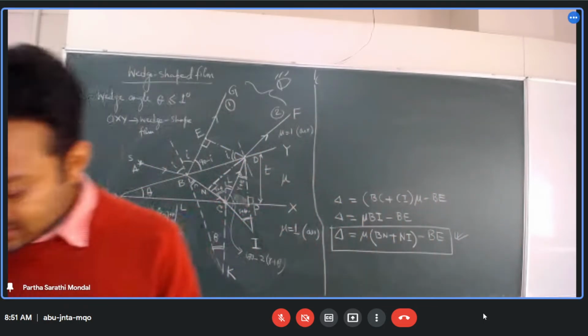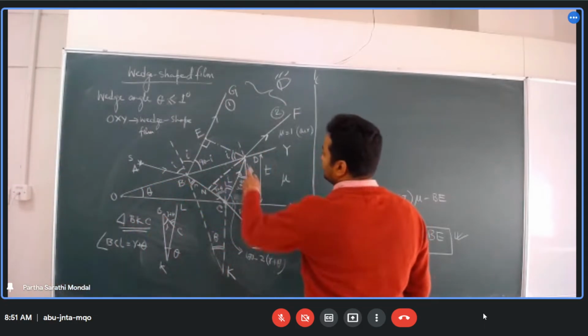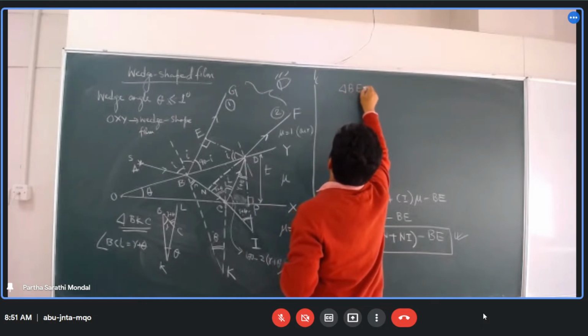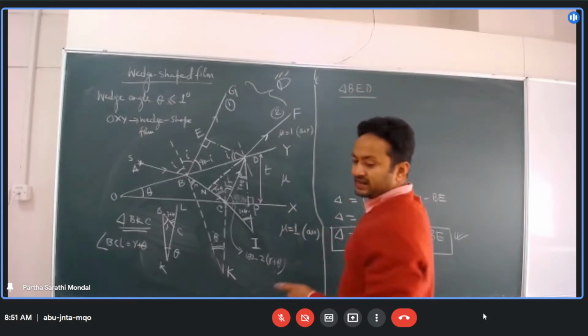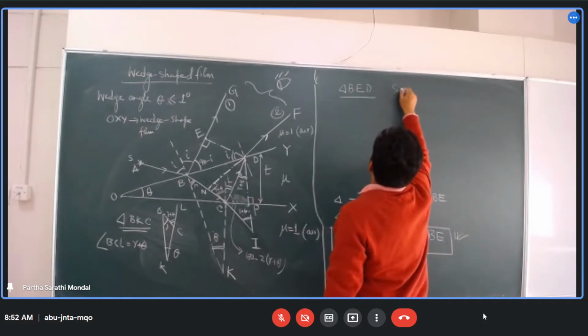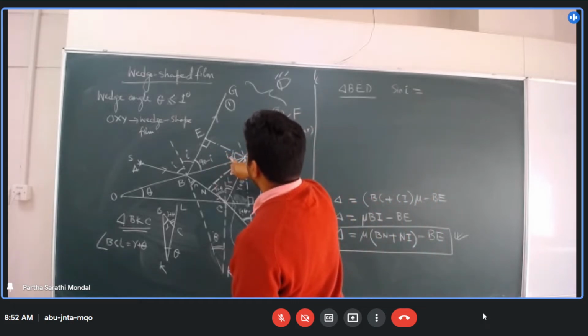So now, if I take the triangle BED, what is sin i? So sin i, if I want to calculate, this is your 90 degrees, this is your i.